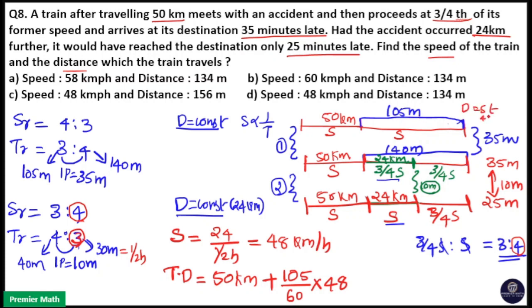Speed is equal to 48 and time is 105 minutes, so I will convert it to hours. 105 by 60 into 48. That means 6 into 8, 48. This will be 50 plus 84 kilometer. That is 134 kilometer, the total distance.